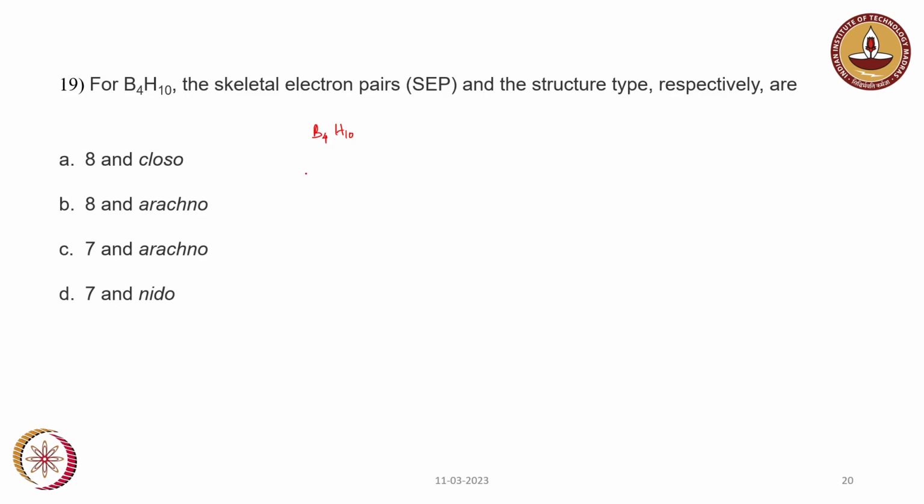So total number of valence electrons: 4 borons are present, so 4 into 3 from boron, and 10 hydrogens, 10 into 1 from hydrogen.